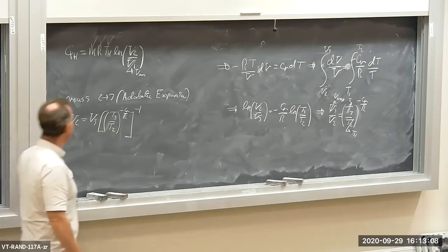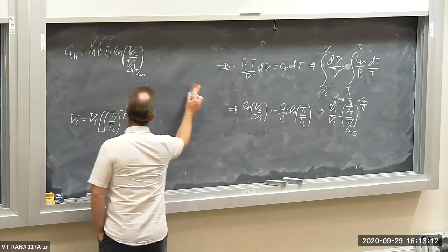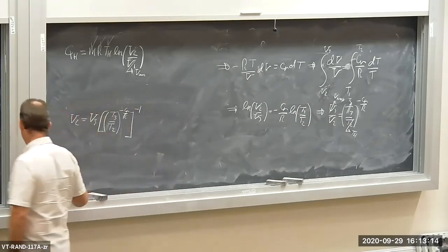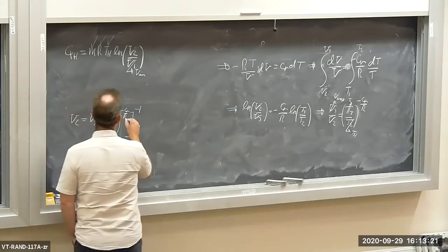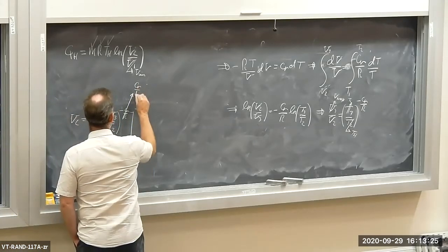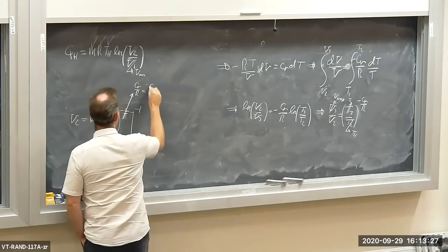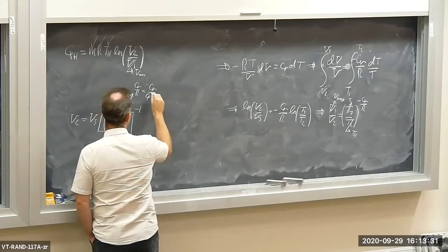Now, what's this CV over R all about? The relationship between specific heats for an ideal gas: CP minus CV is equal to R. So CV over R is actually equal to CV over CP minus CV.